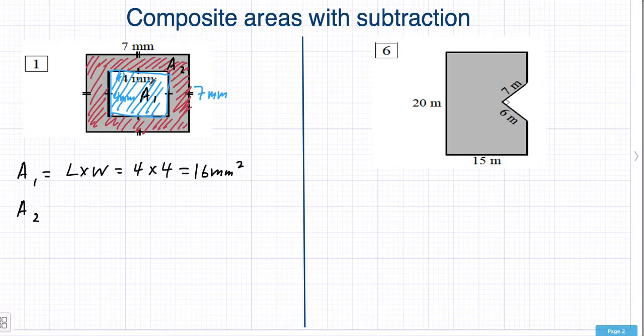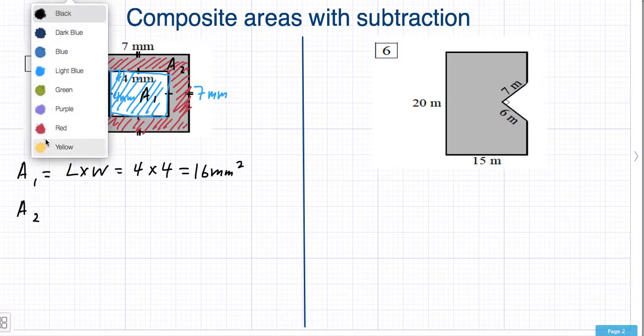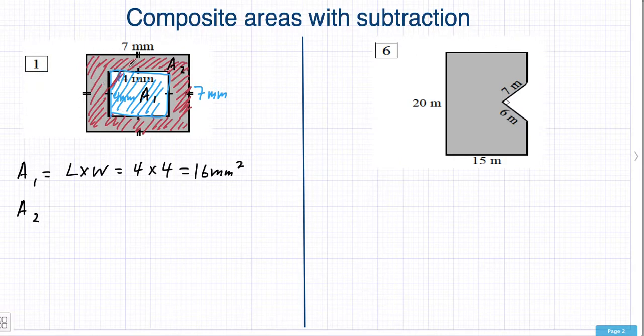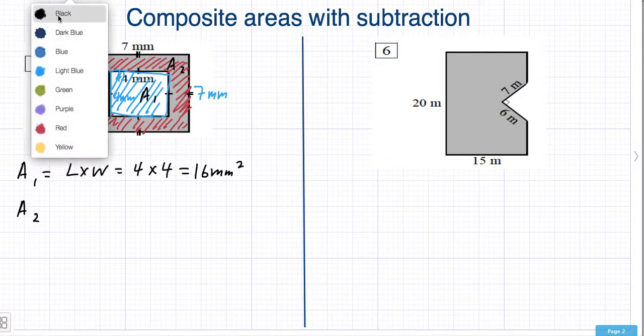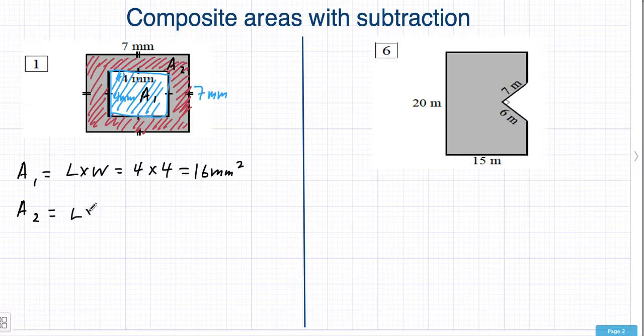For area 2, think about area 2 as being this red area, not just the shaded area, but also all of this in here as well. This big shape here. That way, when we find it, we can subtract the little blue area, and that will give us just the shaded red area. So we've got length times width for the big square, 7 times 7, which is 49.